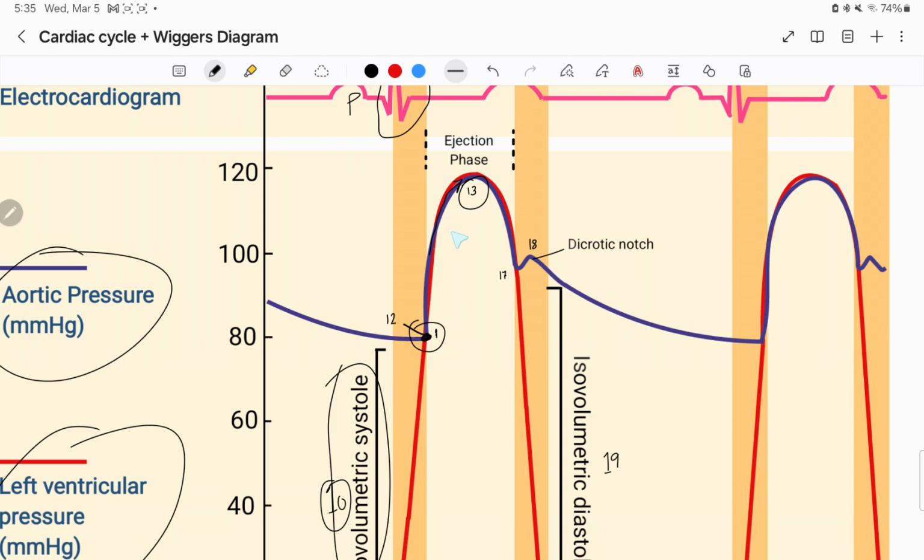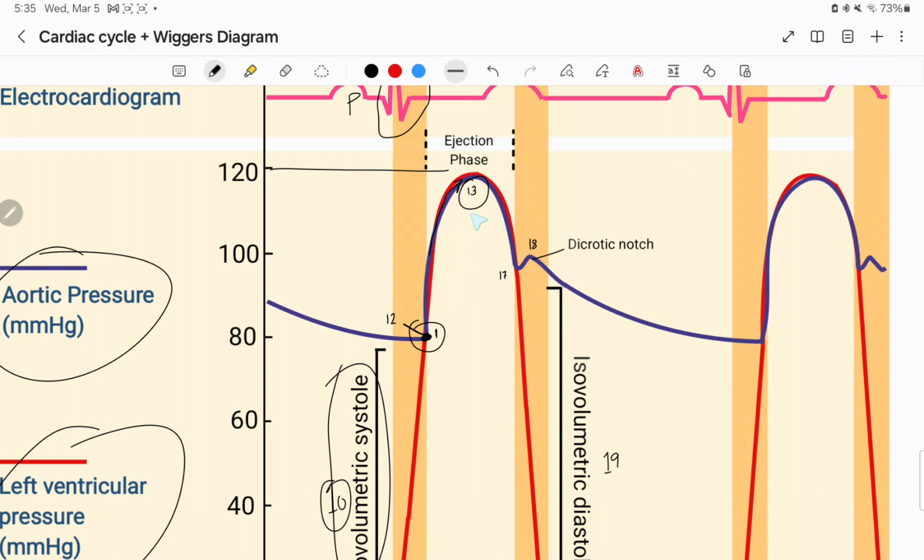So guess what? The blood that's coming into that aorta is going to exert a force on the walls of that aorta. And remember, it's coming at a pretty high pressure too, at 120 millimeters of mercury almost. So whatever pressure we have inside of the ventricle will be almost transferred to the aorta.